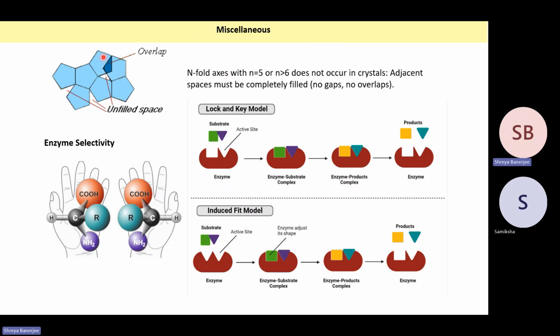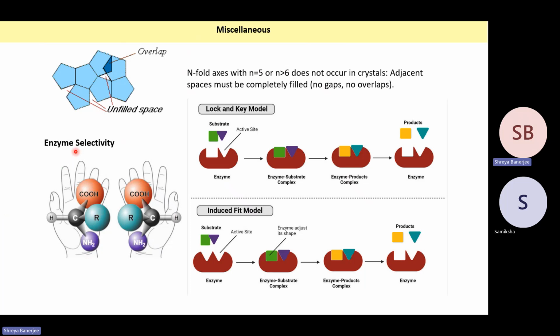You will have overlap in some places, you will have unfilled spaces. Compared to that, if you have square or triangle unit cells, they can pack very nicely without any overlap or unfilled spaces. So greater than fourfold axis of rotation does not occur in crystals.